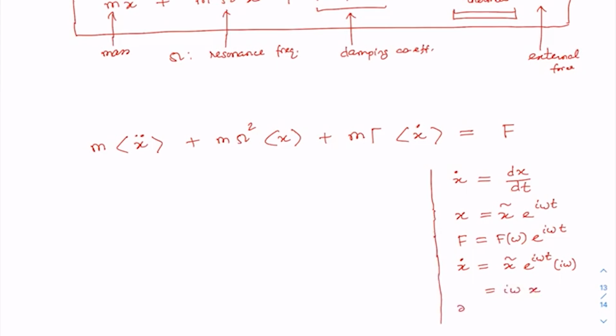So I can always replace d by dt with i omega. That's the prescription when we go over to the frequency domain.